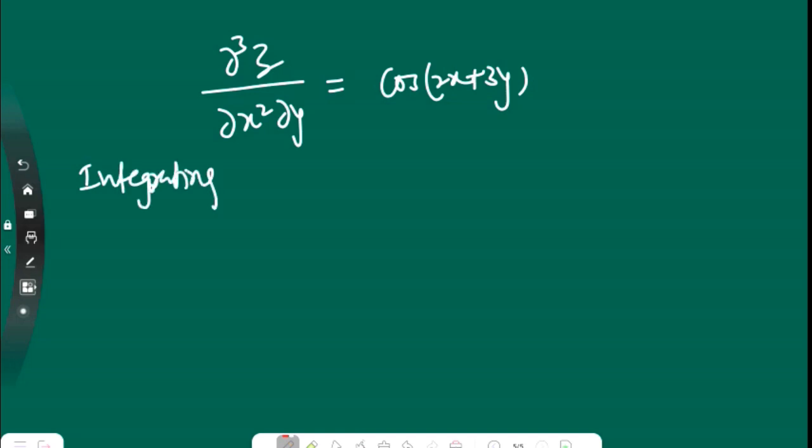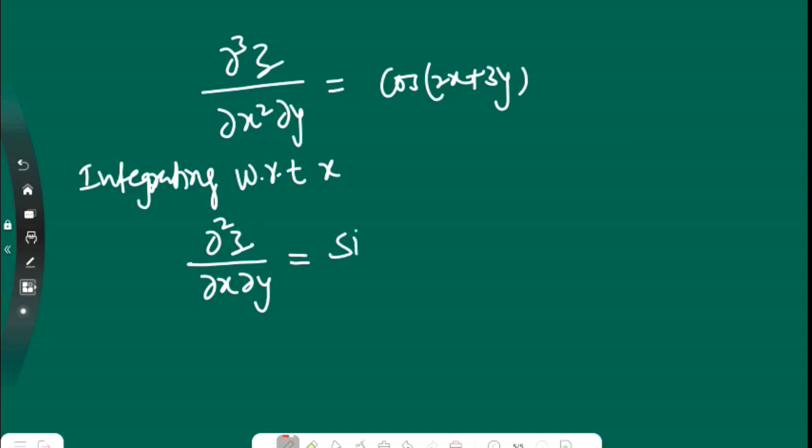Integrating with respect to x, we will get del square z upon del x del y, and it will become the integration of cos, which is sine, so it will become sin(2x plus 3y) upon 2 here, and an integrating constant.